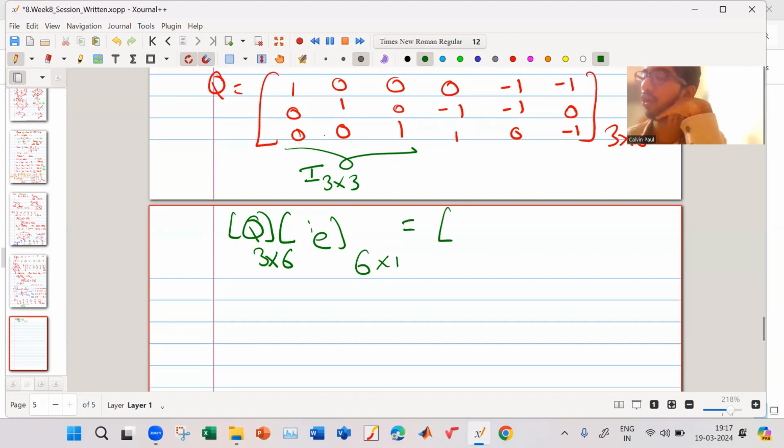Okay, and that should be equal to 0. So your Q into I should be equal to 0.